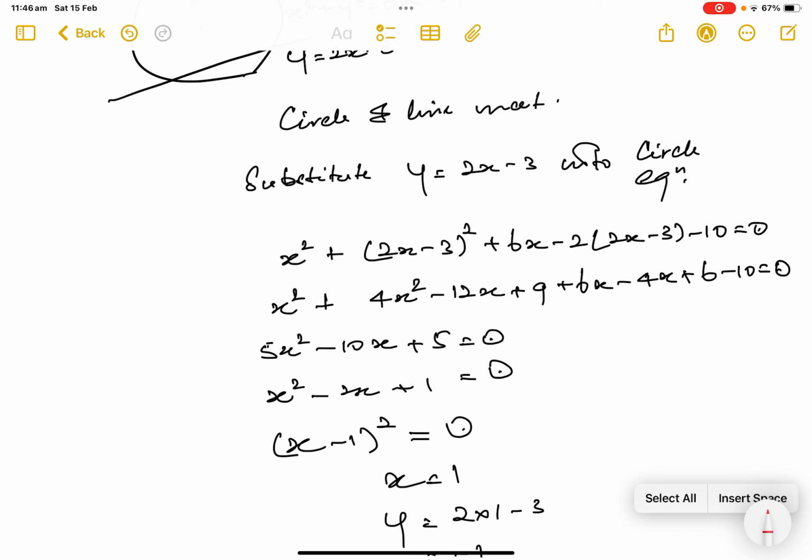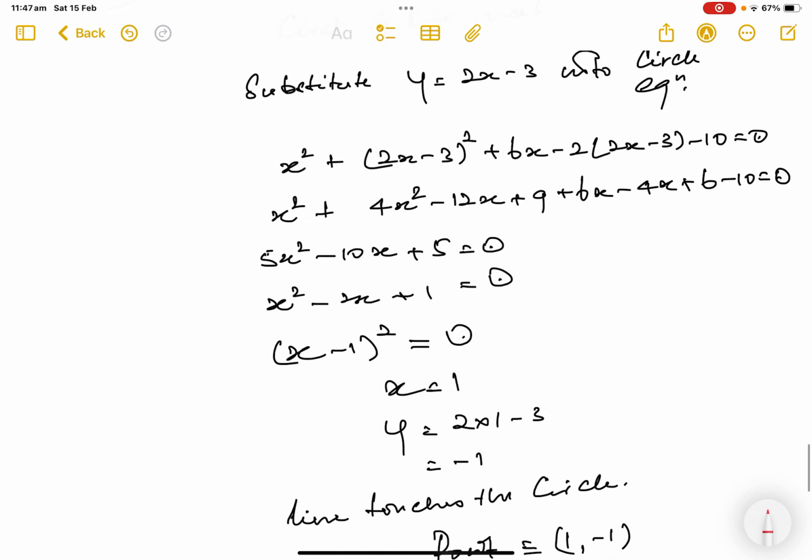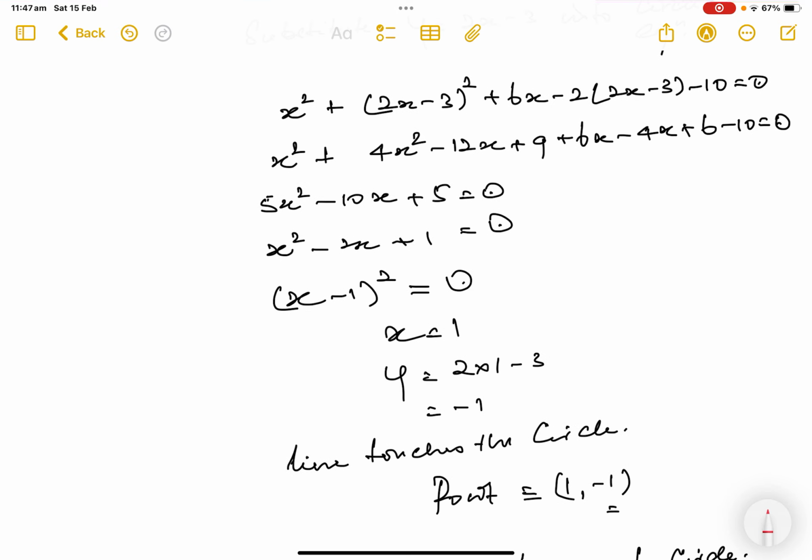Minus 12x plus 6x is minus 6x, and minus 4x makes minus 10x. 9 plus 6 is 15, minus 10 is 5. So we have 5x squared minus 10x plus 5.